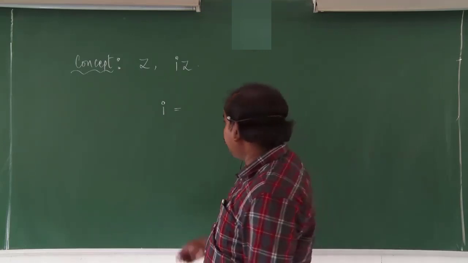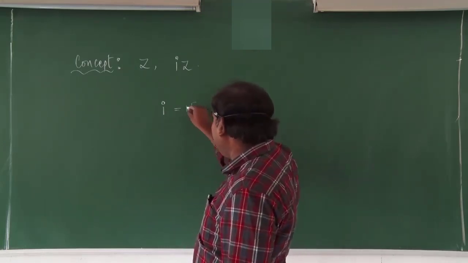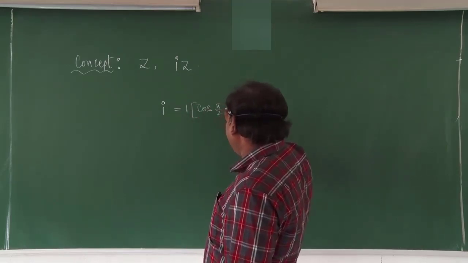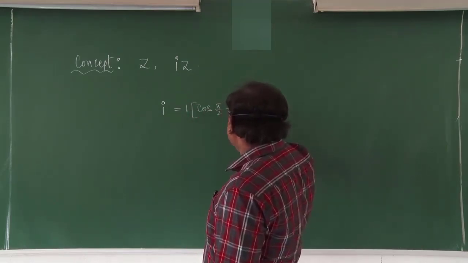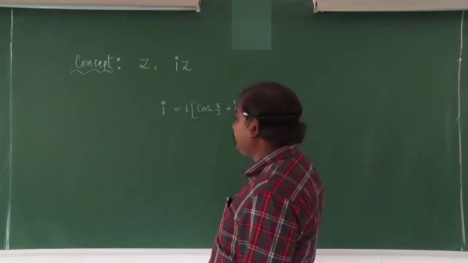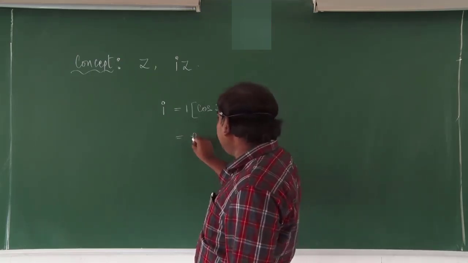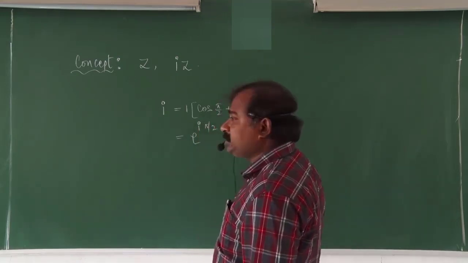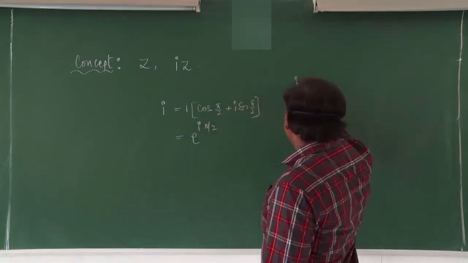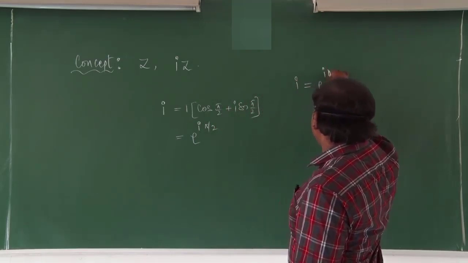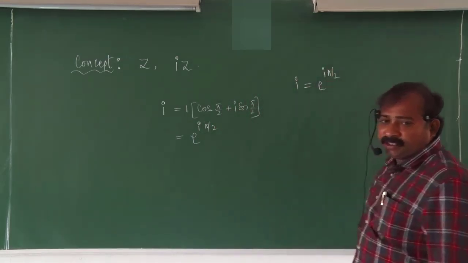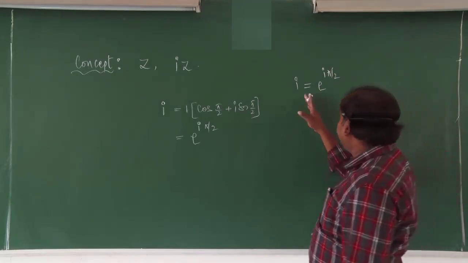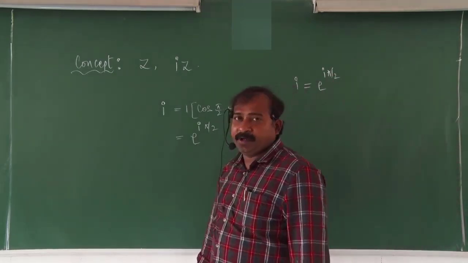What will that polar form be? 1 into cos pi by 2 plus i sin pi by 2. Can I write like this? Then this value will be e power i pi by 2. So here I can write i as e power i pi by 2. Simple logic: e power i theta means cos theta plus i sin theta. So I can write i as e power i into pi by 2.